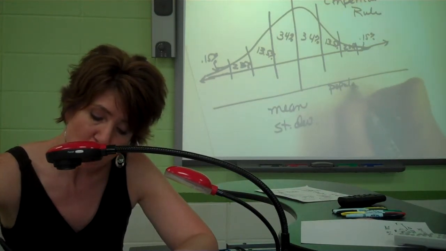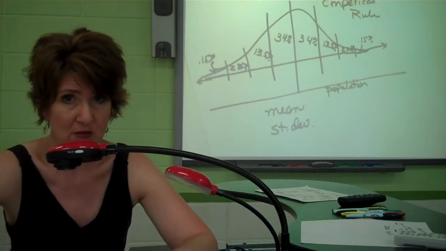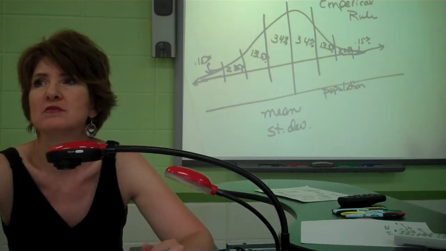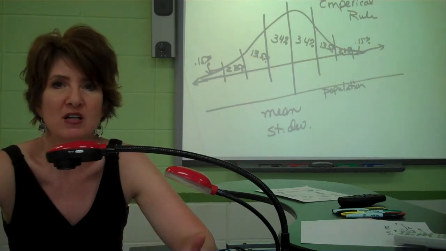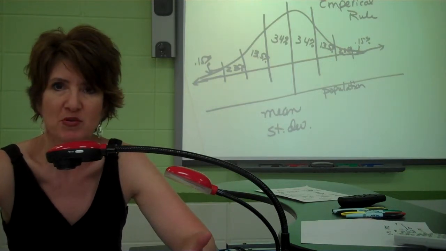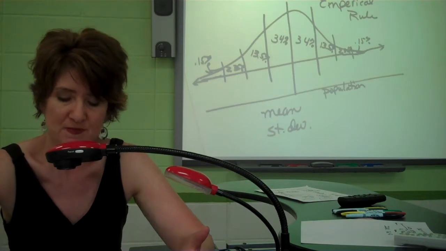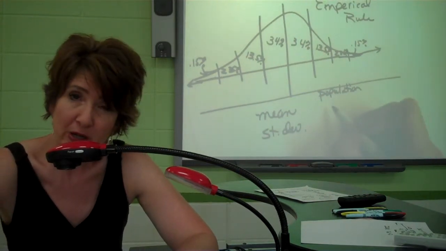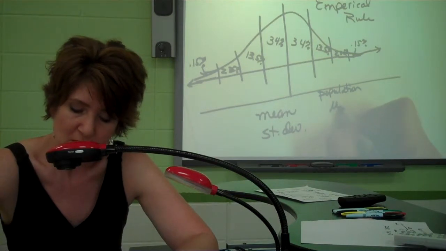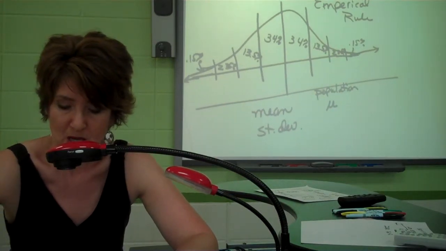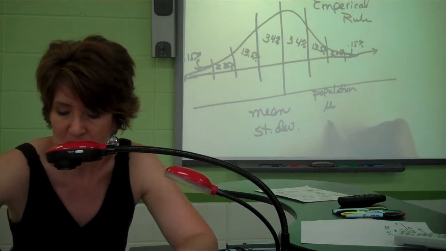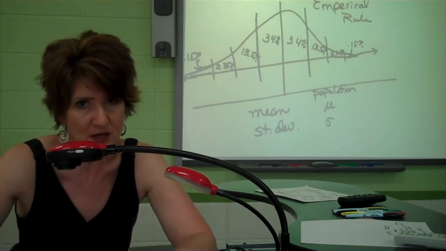If it is for sure the real deal, the for real average miles per gallon of Honda Civics, yes, I have used this example many times before, former students, if it's the real deal, we denote that with Greek letters, and we use mu. If it is the real deal standard deviation, we use the lowercase s, which is sigma.